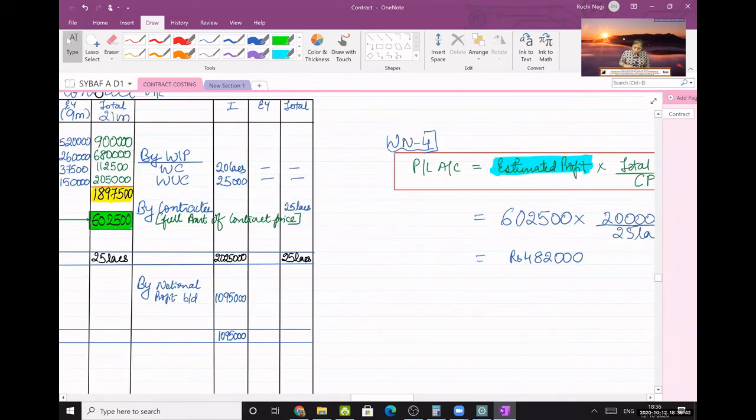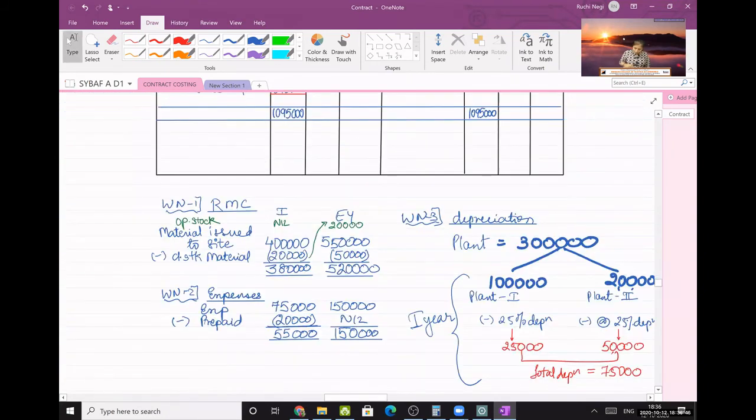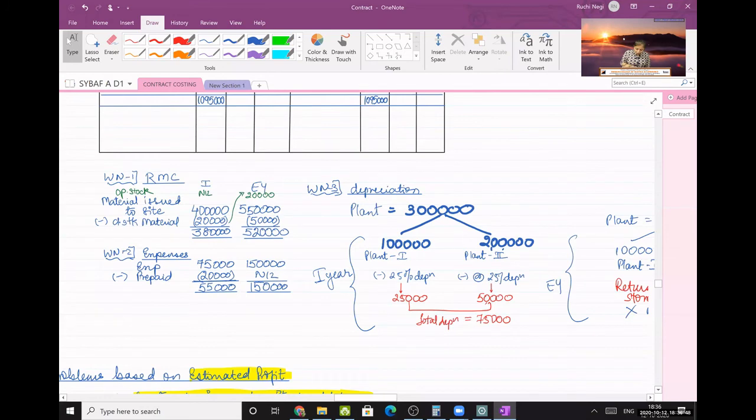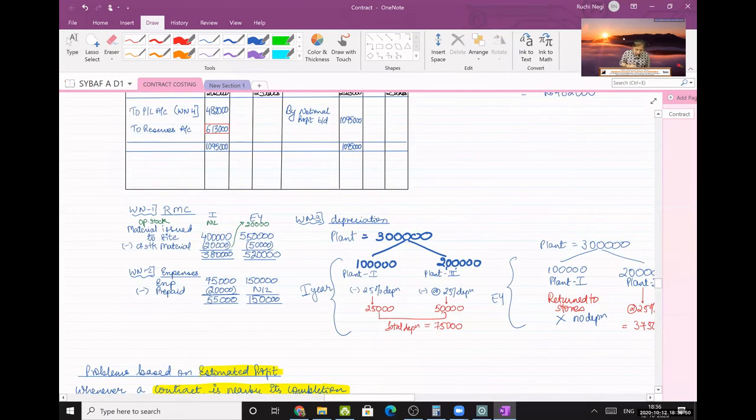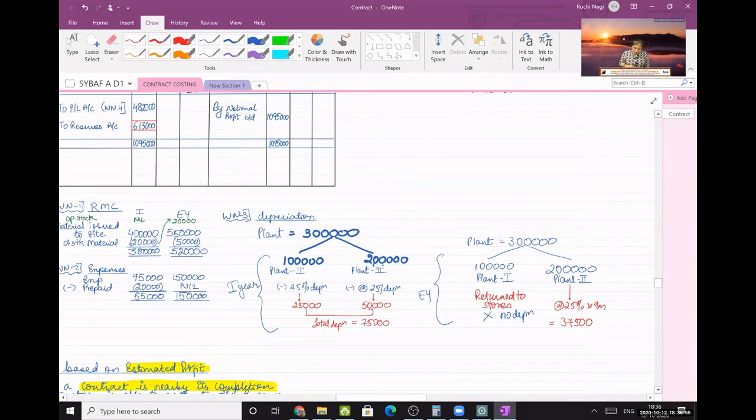Now let us do the rest. This was working note number 1. Shreyas, if you want, you can take the screenshot. Working note number 1 was raw material consumed, 2 was expenses, and 3 was depreciation.